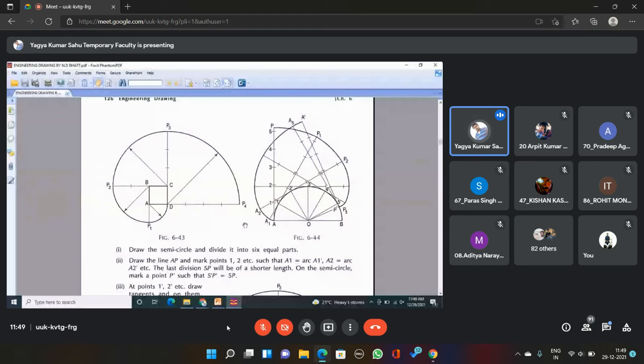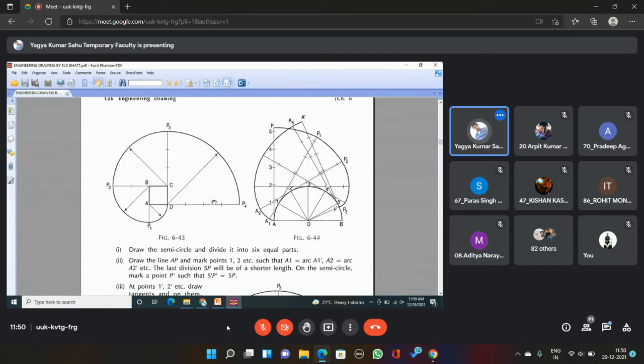Then divide that straight line into 4 equal parts. First of all, your center will be A, radius D1. Draw arc DP1. Then change the center. Second, the center will be B, radius D2. Draw arc P1P2. Then draw P2P3, P3P4.